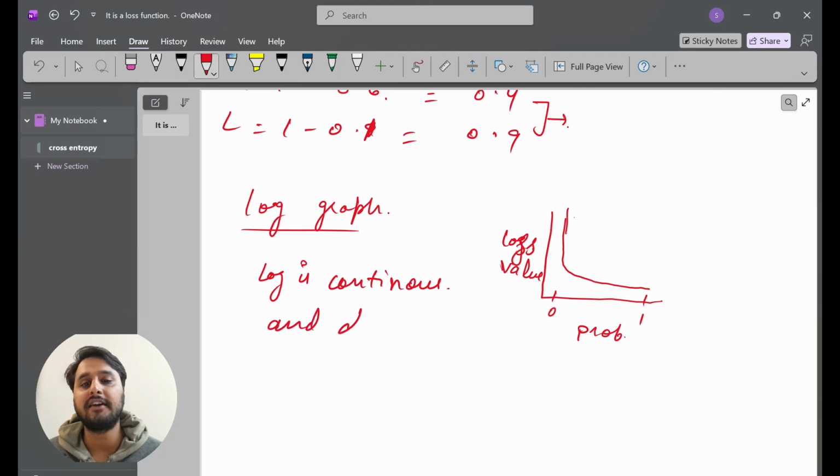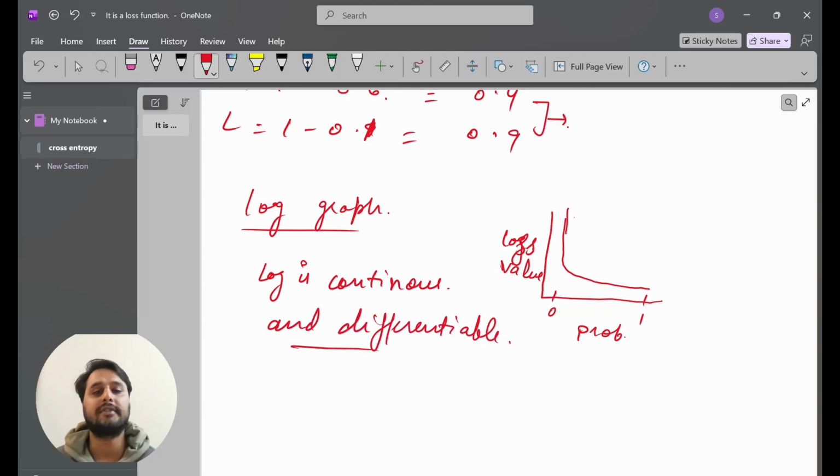So log is continuous and it is differentiable. That is why during training, our training process is very stable. We will not face any exploding or vanishing gradient problem. During back propagation, we have to do multiple differentiations, and we use the chain rule, multiple derivatives.